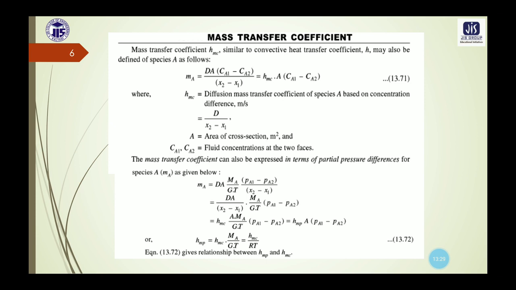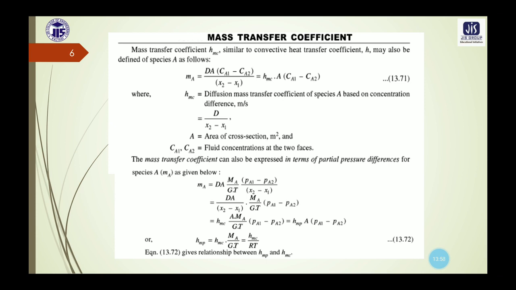Now this hmc is the diffusion mass transfer coefficient of species A based on concentration difference. The unit is meter per second. The mathematical representation of this diffusion mass transfer coefficient is D by (x2 minus x1). Here A is the cross-sectional area in meter square, and CA1 and CA2 are the fluid concentrations at the two faces.